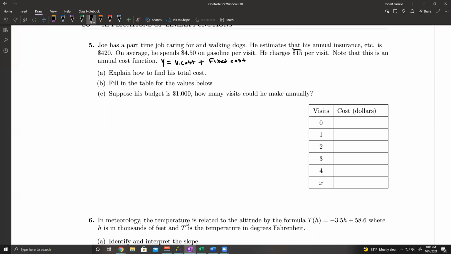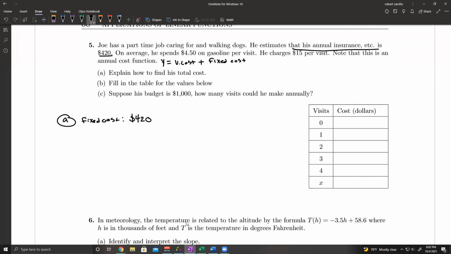So he estimates that his annual insurance and etc. is $420. So this is going to go under A. So we know that his fixed cost, no matter what, even if he's not working, he's still going to pay $420.